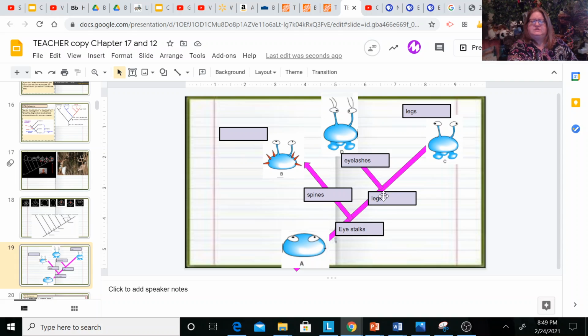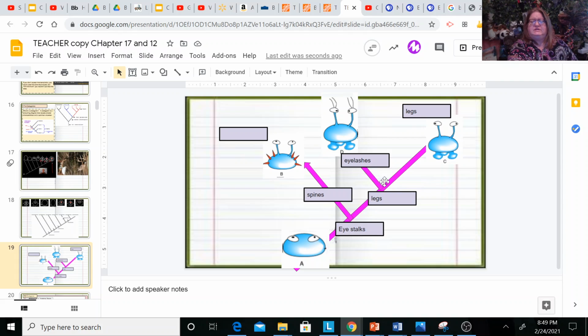Where this character is legs, everybody after that character should have legs. Let's check. D has legs, C has legs. Where we have eye stalks, everybody after that should have eye stalks. Eye stalk, eye stalks, eye stalks. Very good.